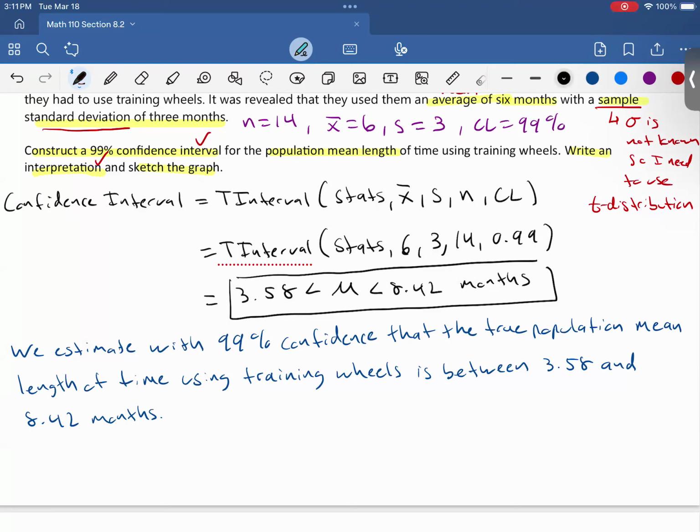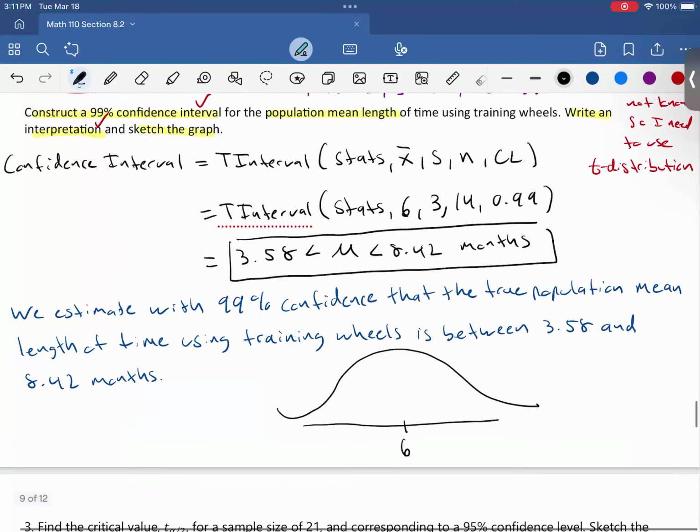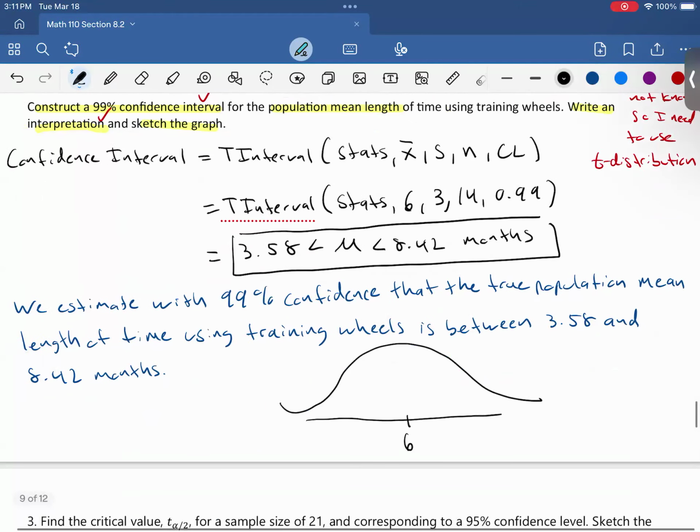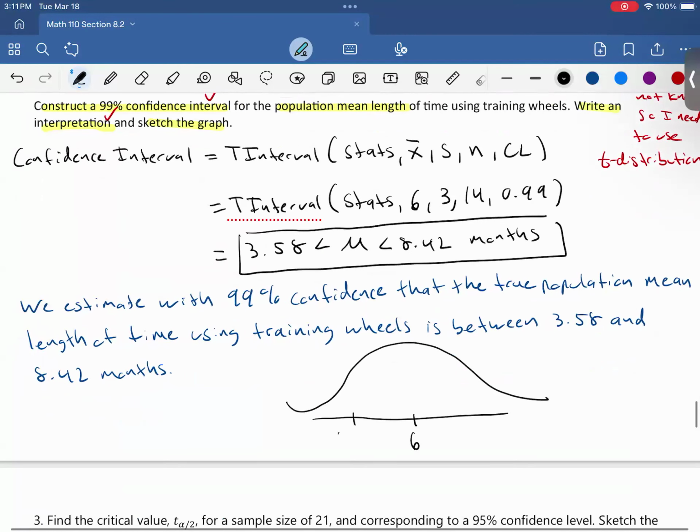Now, lastly, let's go ahead and sketch out a graph. So a distribution of our confidence interval is going to look something like this. Our sample mean is 6, so 6 would just be in the middle right here. Our confidence interval goes out to 3.58 and 8.42.